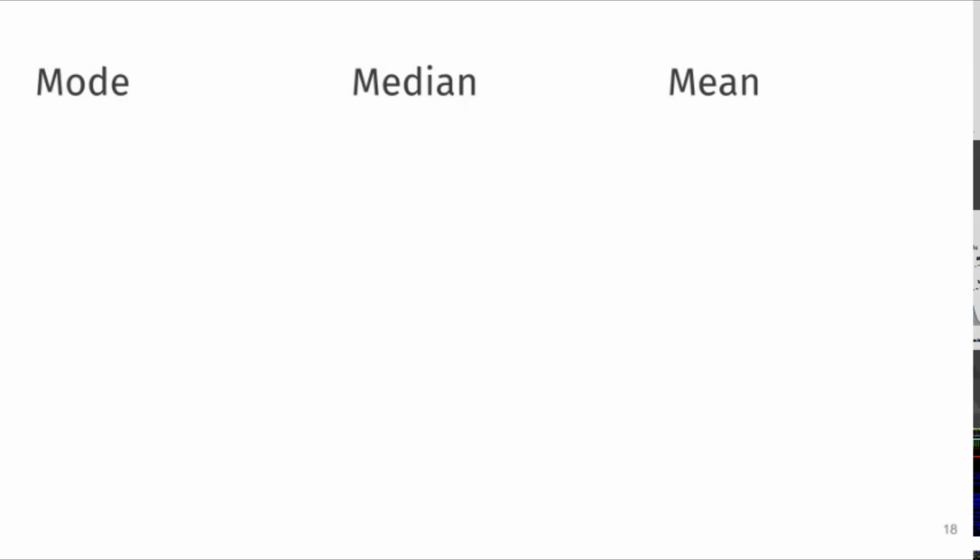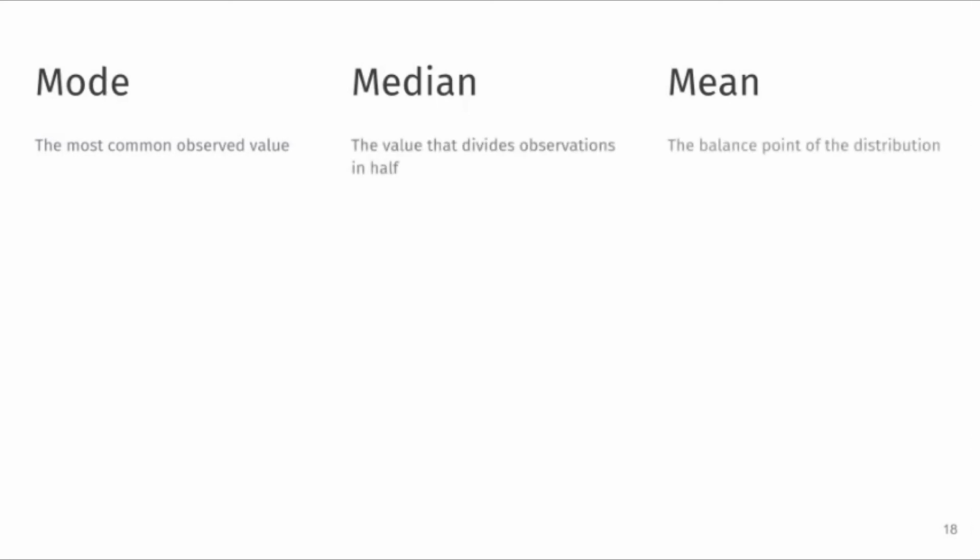So now let's think about all of these different measures together. Last time we compared the mode and the median, and now we've introduced the mean as a measure of central tendency. Just to remind everyone of the definitions: the mode is the most common observed value.